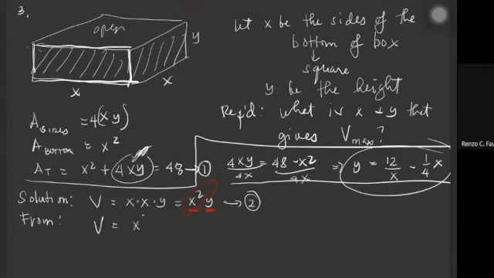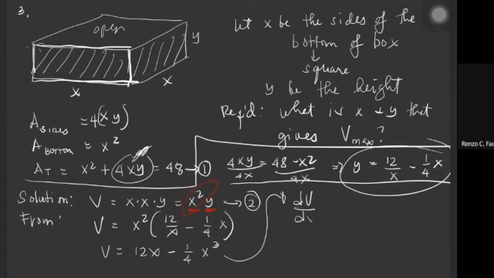Then we multiply x squared by 12 over x minus 1/4 of x, and distribute. So we have V equals 12x minus 1/4 of x cubed. So this is where we start deriving.